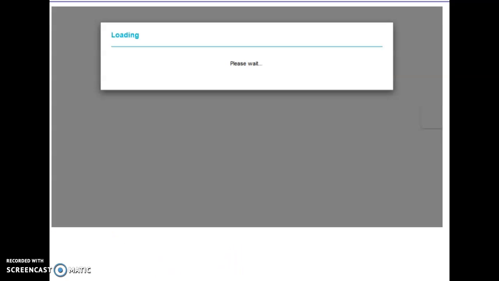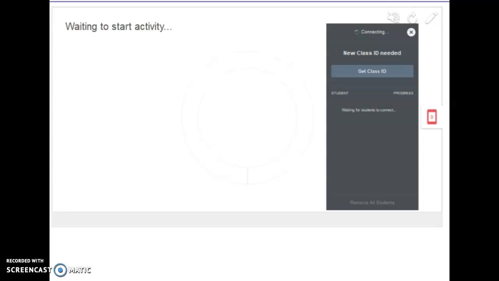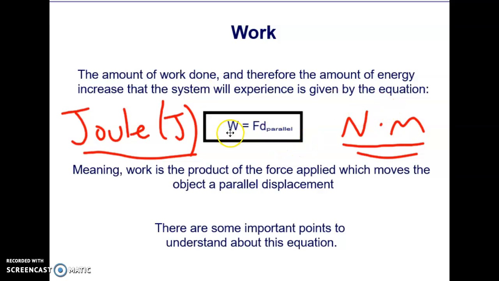So let's go back and review what we learned today. Today's lesson was on the start of the energy unit here. If we want to look at work, work was defined as the amount of energy it takes for something to happen. Work is equal to force times distance. The unit for work is going to be a Newton times a meter, which is abbreviated as a joule.